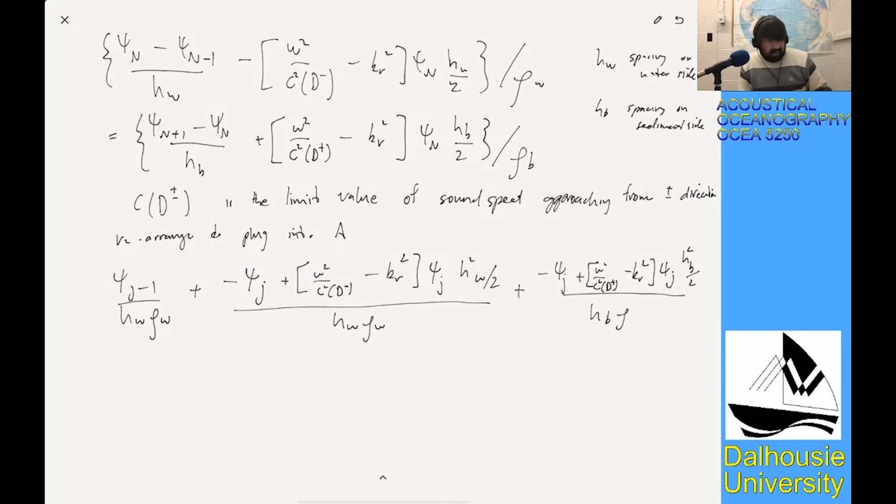Okay, and then we're going to have our psi J plus 1 Hb rho b equals 0. J is the location of the interface, as opposed to the generalized J I had before, and as opposed to the N which I had for my bottom-most layer.